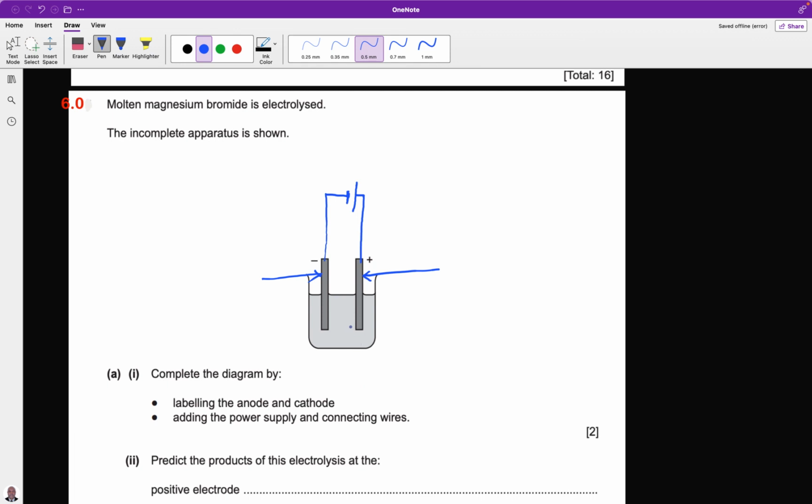I can now conveniently say the negative electrode is what we call the cathode. The positive electrode is what we call the anode.